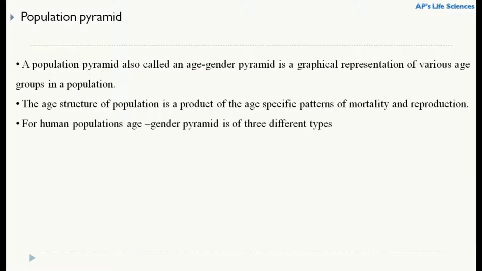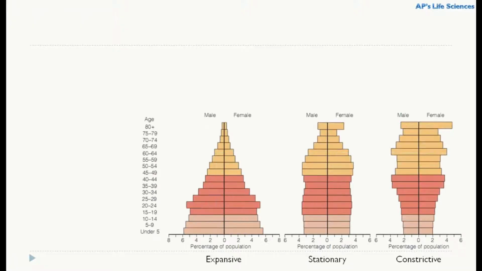For human populations, the age-gender pyramid, or population pyramid, is of three different types: expansive, stationary and constrictive. In this image, we can find three different types of pyramid: expansive, stationary and constrictive.